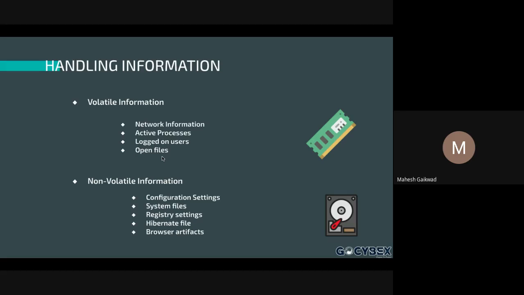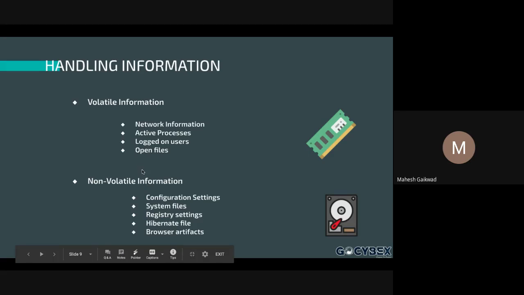Now, why I am saying this about volatile and non-volatile information is that forensic investigation mainly focuses on memory, that is, data. Memory is data. Data is everything for analysts. These are the two variations of data which are found in any system.